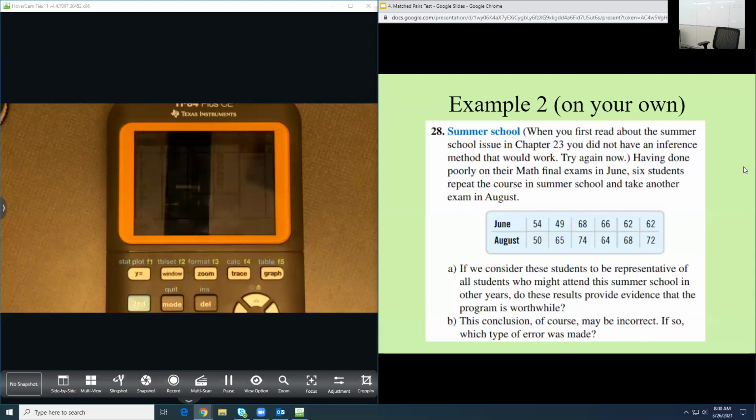If the program works, you would hopefully see negative numbers if you did June minus August, so then your alternative should be less than. And if you did August minus June, then your alternative should be positive, because you would expect to see positive. And the hope is this program is working. Otherwise, these kids and teachers are wasting their time. That's summer school.